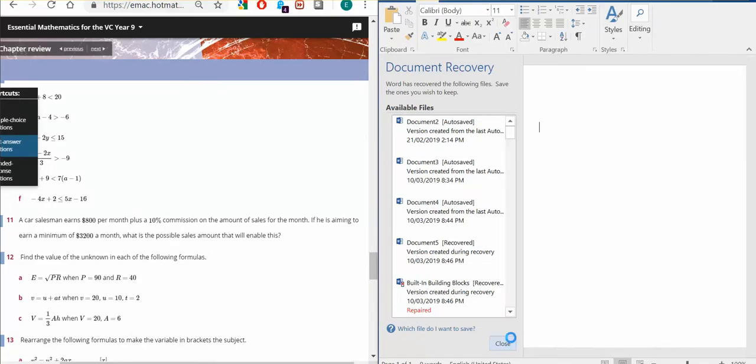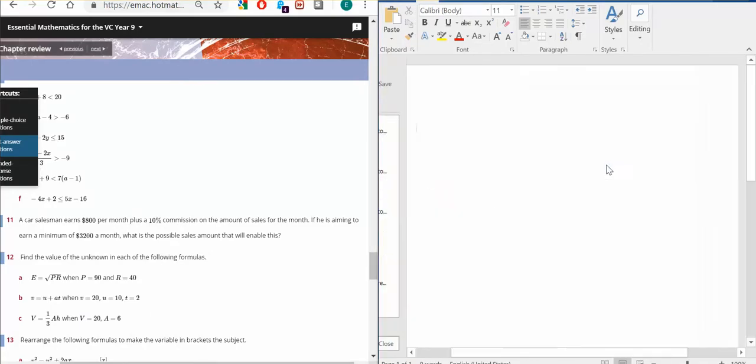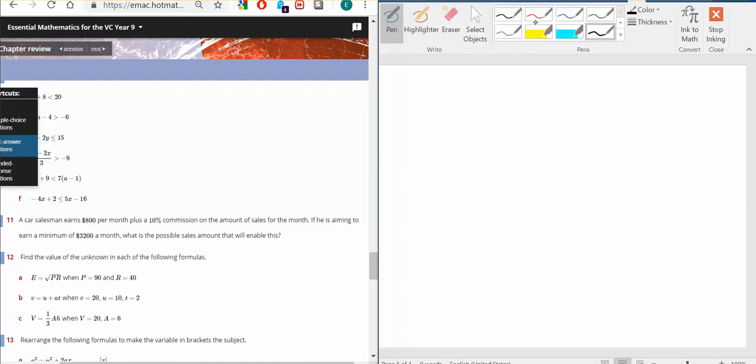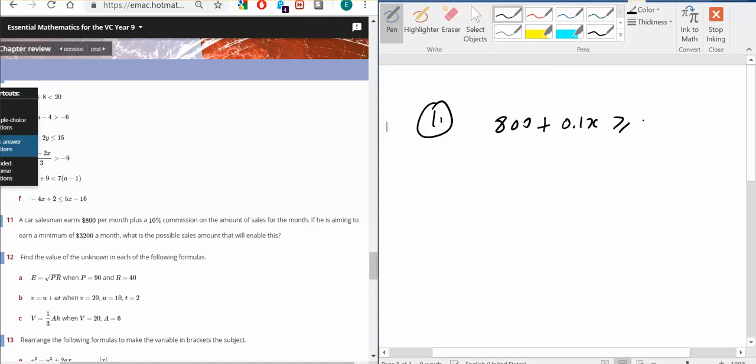Let's go back and write this again. We're back to this question. We said 800 plus 0.1x is greater than or equal to 3,200. I subtracted 800 from both sides, so I'm left with 0.1x is greater than or equal to 4,000.